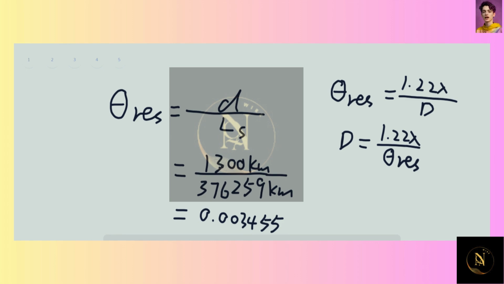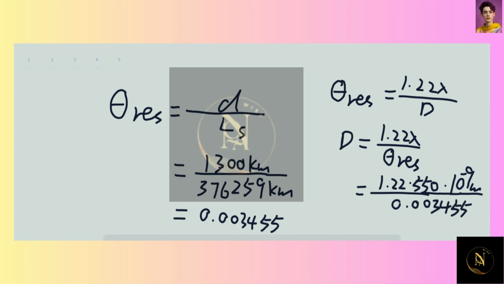That gives us 1.22 times 550, since we assumed the wavelength is about 550 nanometers, and 1 nanometer is 10 to the negative 9 meters. Dividing by the resolution limit 0.003455 gives us 0.00194 meter.